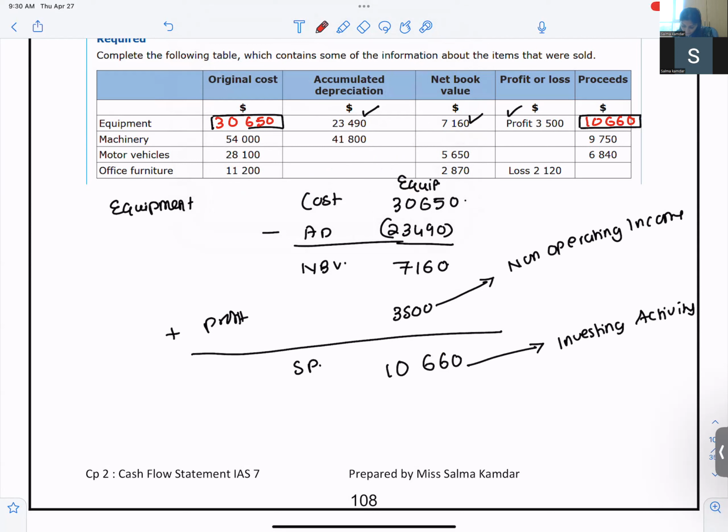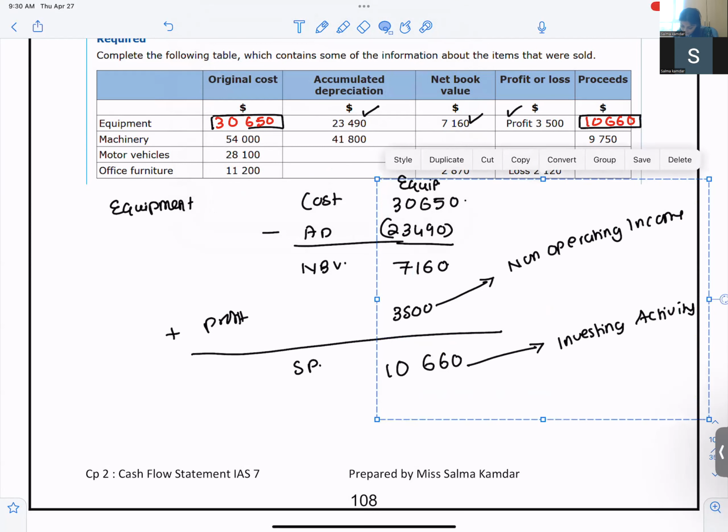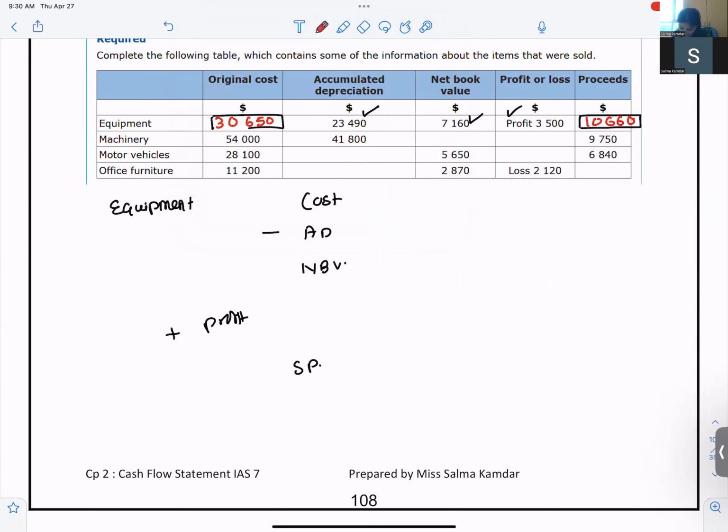Let's do for machinery. What is the net book value of the asset? Cost minus accumulated depreciation would give me the net book value. So 54,000 minus 41,800. The net book value is 12,200. I will compare it with the selling price of 9,750.